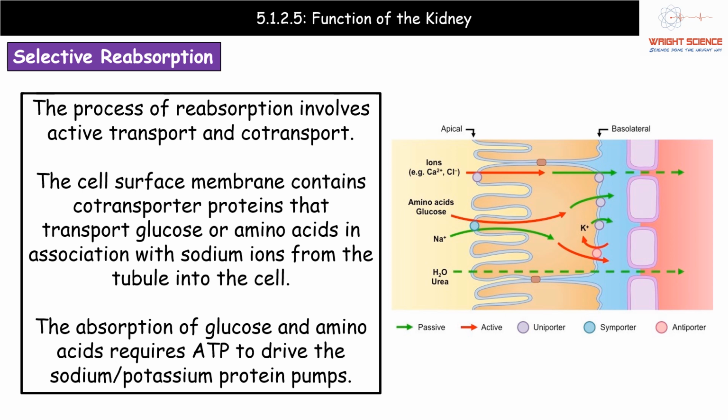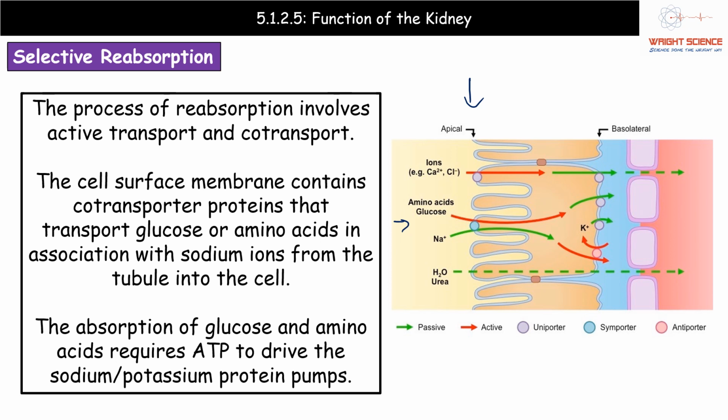So what we actually have on that cell surface membrane here are co-transporter proteins, and what they are going to be transporting are glucose or amino acids, and they're going to be moving them alongside sodium ions. So if we have a little look at the diagram on this side, we can see in the middle there, this little section, we've got our little co-transporter.